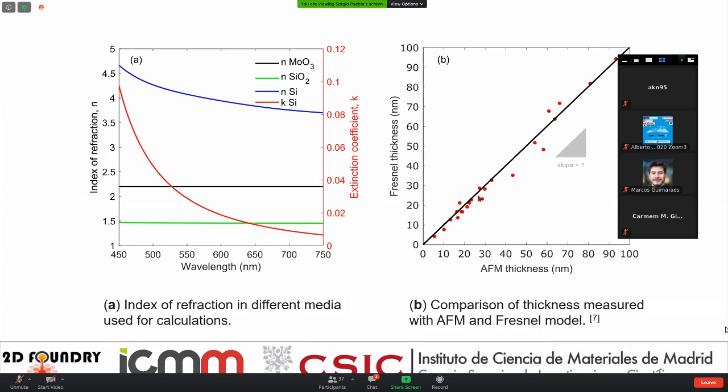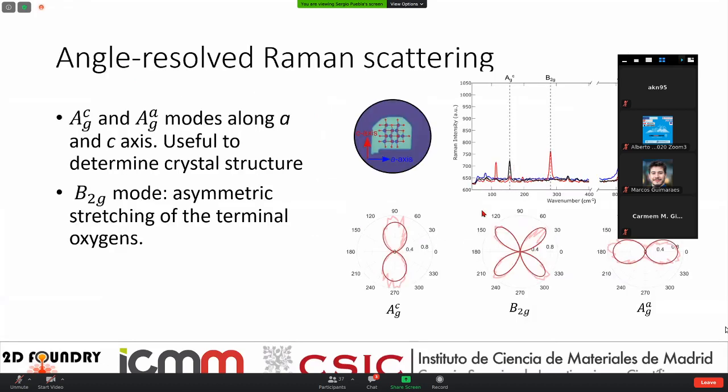In fact, in the regression model you get a slope of 1.02. So yes, it fits very well and it works pretty well.